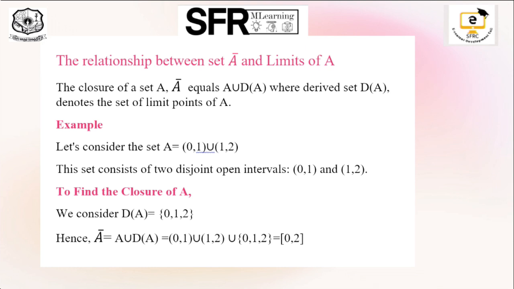That is, D of A is the set consisting of the elements 0, 1 and 2. Therefore, A closure is equal to A union D of A, where A is the open interval (0, 1) union the open interval (1, 2), union the set {0, 1, 2}, which is equal to the closed interval [0, 2].